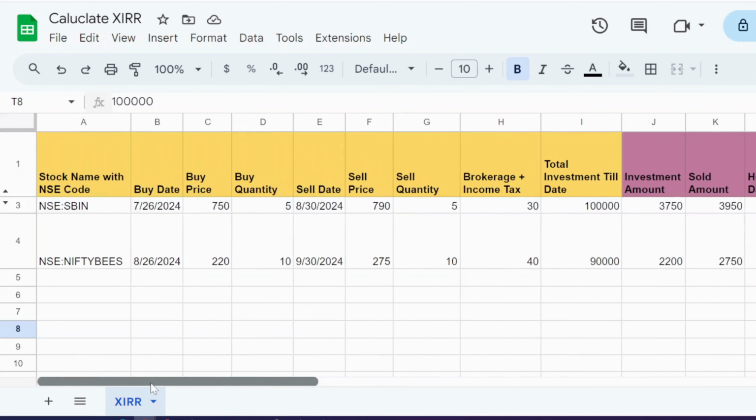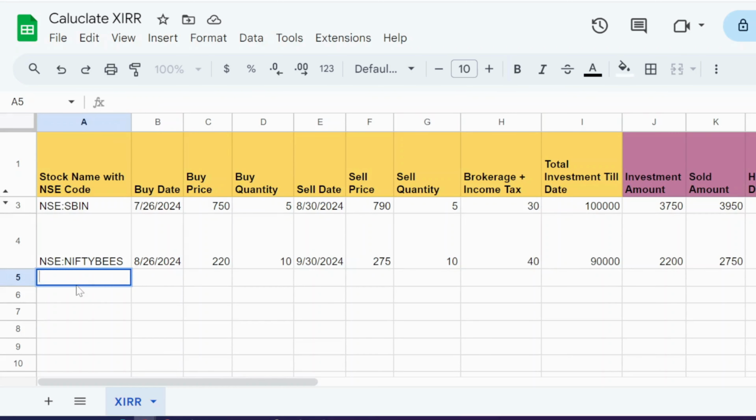Okay, so say for example, if I have to add a new stock, what I will be doing is adding, say for example, Hero MotoCorp. I have bought this on, say for example, 5/20/2024, and I have bought two quantities.